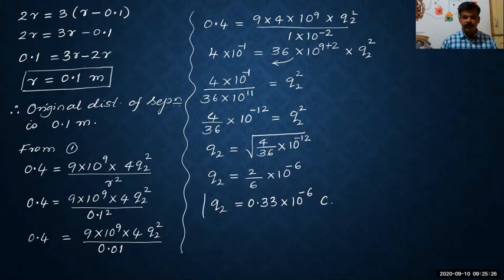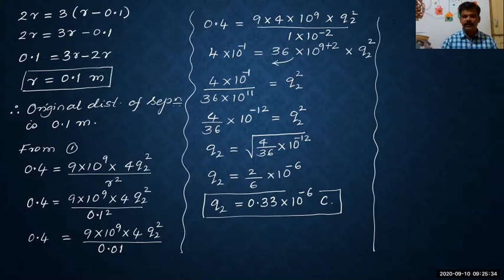Okay, we obtained the value of one of the charge, that is Q2. Now let us move towards the another charge, that is Q1. We know that Q1 is equal to 4 times of Q2. Already they have given it in the statement.